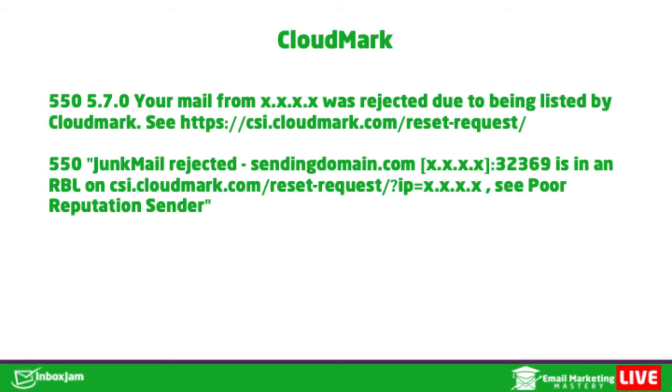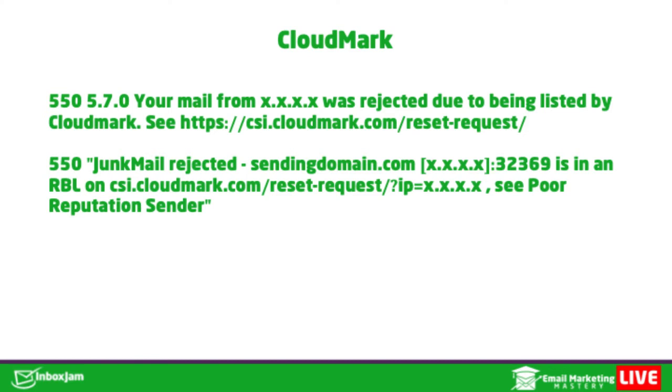And if you send B2B messages, this is what you're going to run into. You're going to run into Cloudmark, and there's a few other companies out there as well. Proofpoint is another one. If I remember correctly, very recently, either Cloudmark bought Proofpoint or Proofpoint bought Cloudmark. I can't remember which way around. So they are now one company.